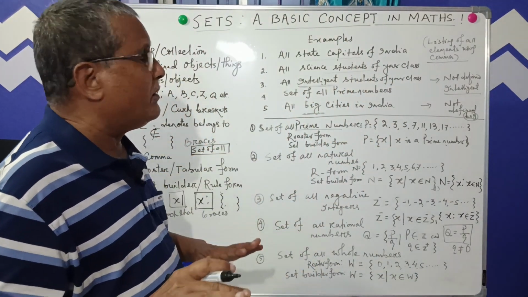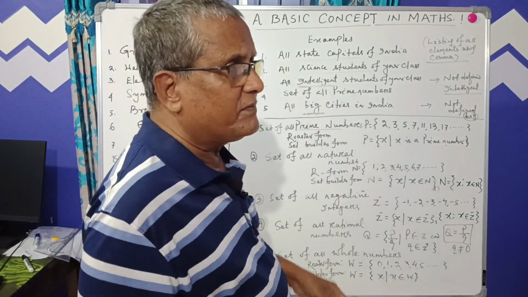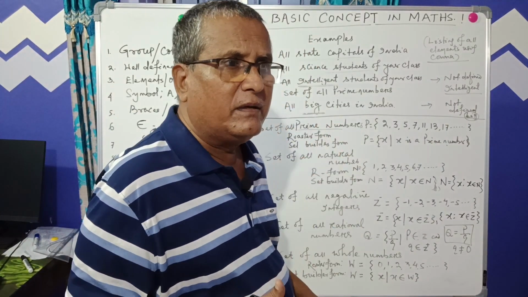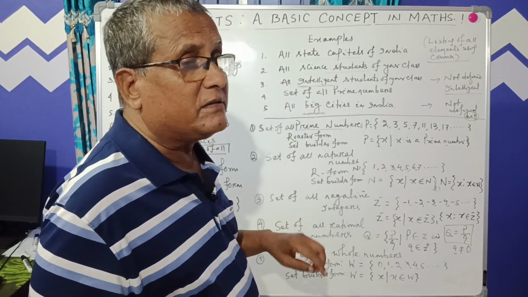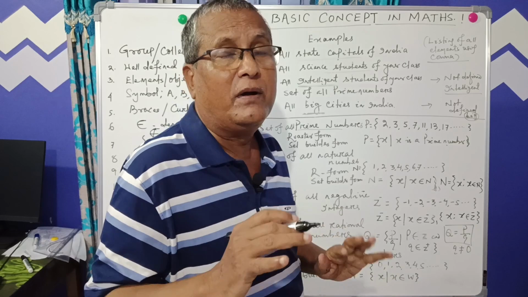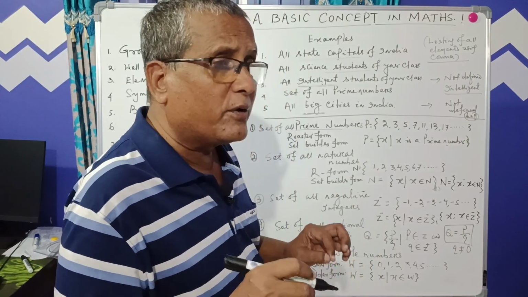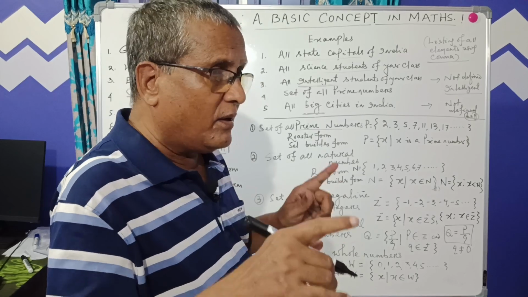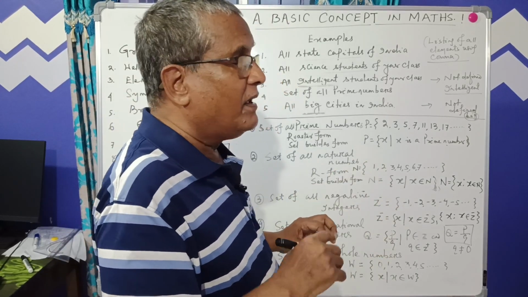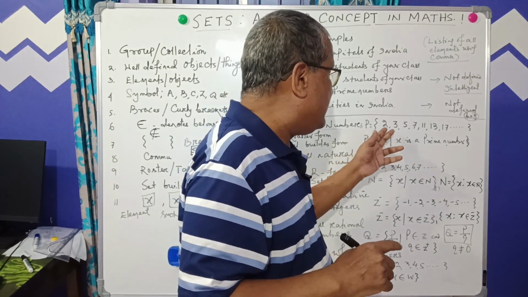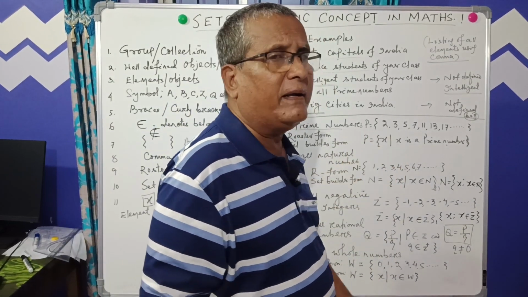Hope you have all understood the concept of sets and the two ways of representing them. One is the roster form, in which we list all elements within curly brackets, separating each element with a comma.